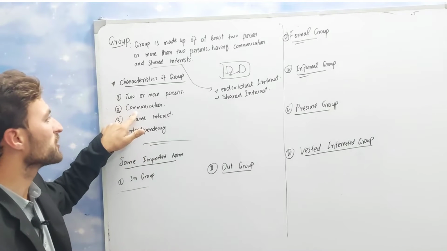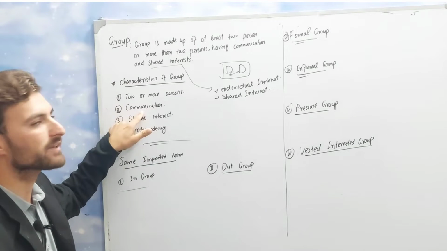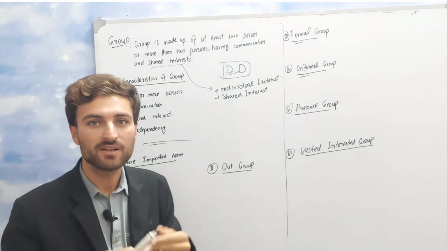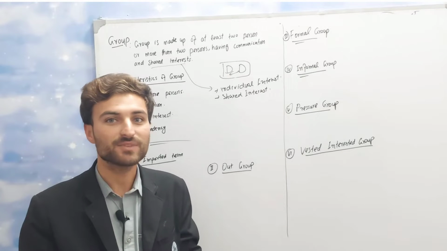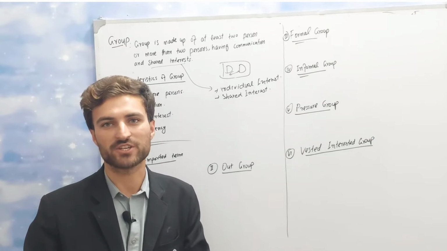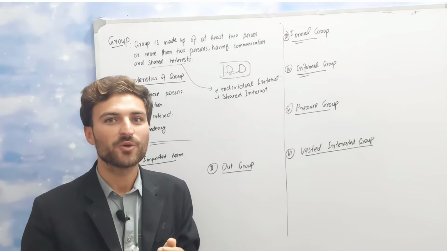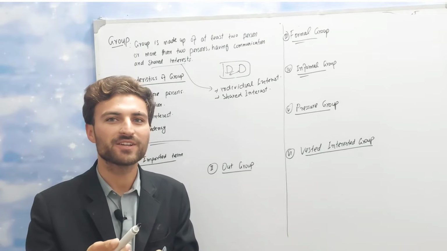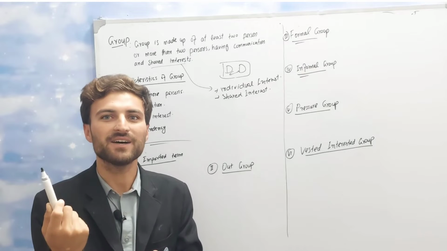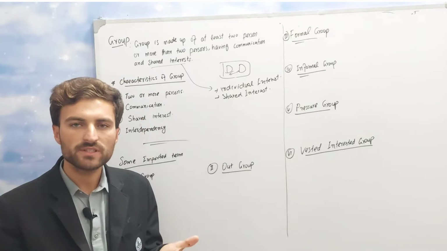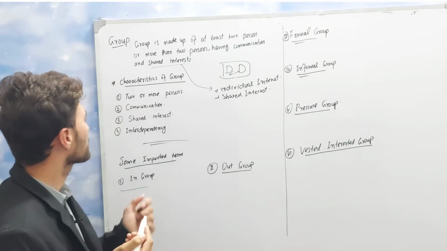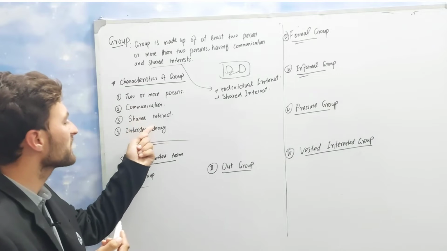The second one is communication. If people are living together, then they will surely have communication, because we are gifted with communication by Allah subhanahu wa ta'ala.